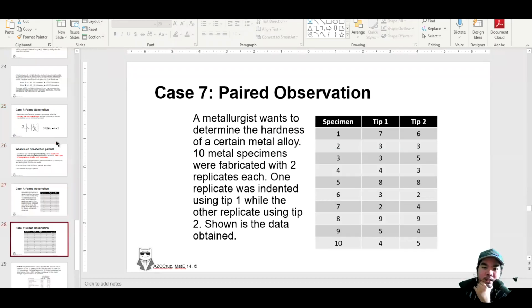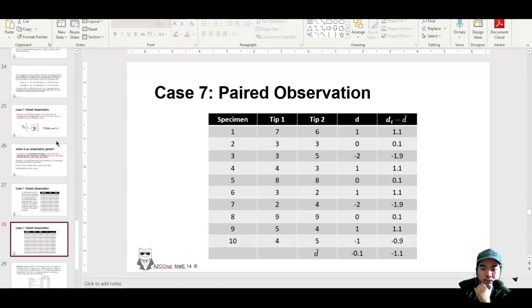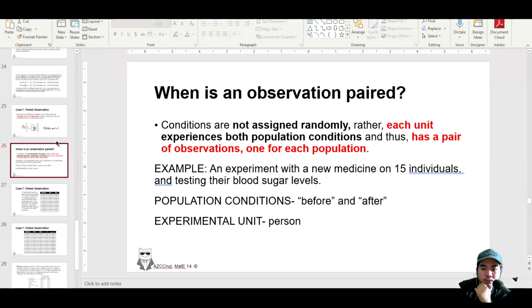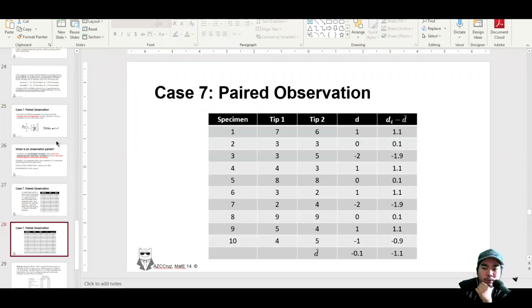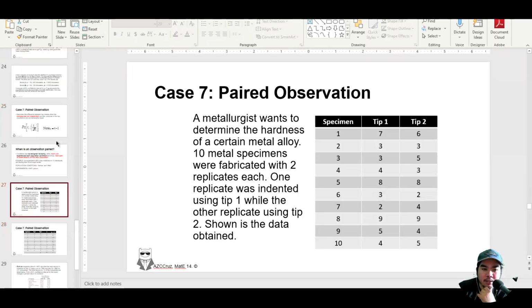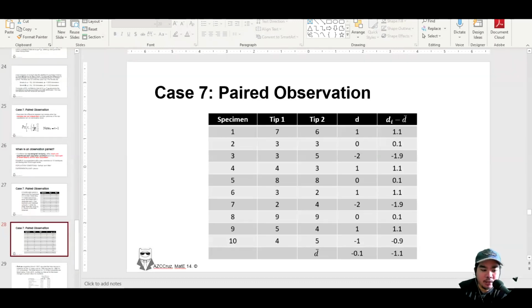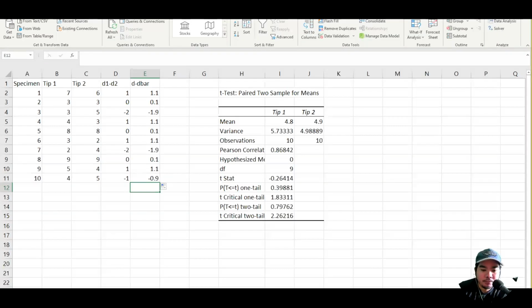Actually, hindi na pala natin kailangan tong ito. Ano nga? Ba't mo kinuha pa yung D minus D bar? Parang hindi naman necessary. Anyway, let's do this one. So we do d minus d bar.